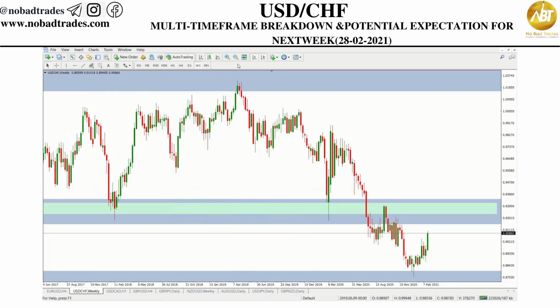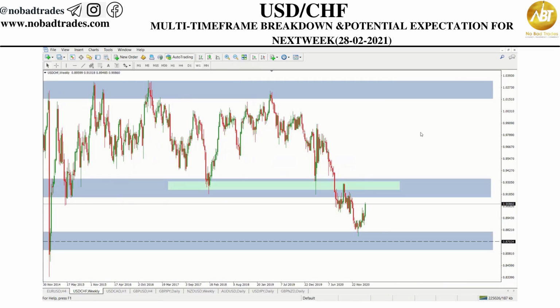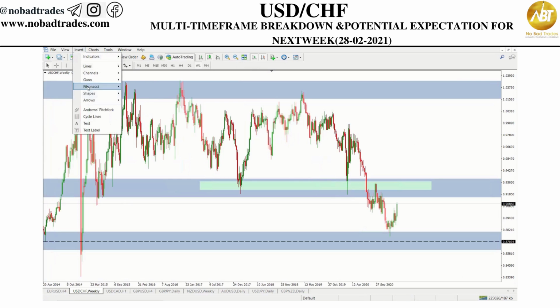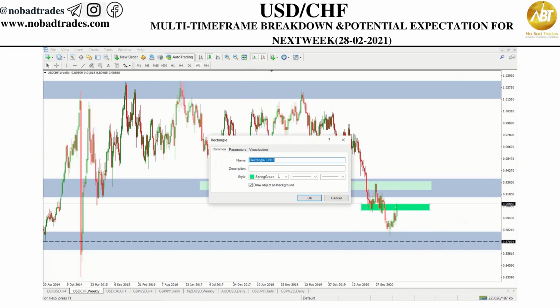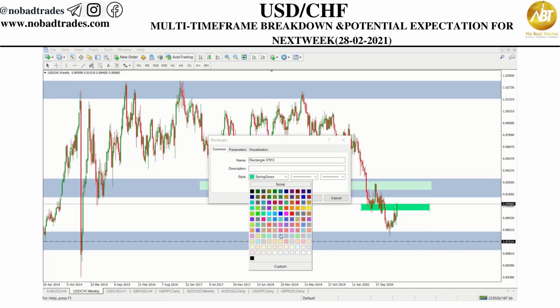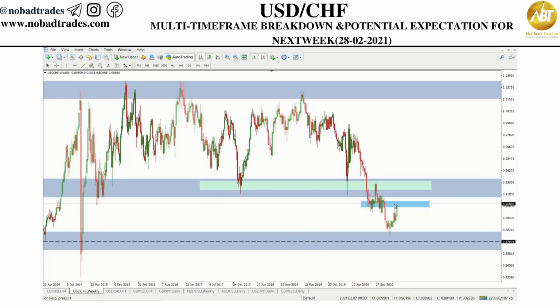On the weekly time frame, what do we have? We have a previous area of support turning resistance, a previous area of support which is still holding. Price is still around that level.